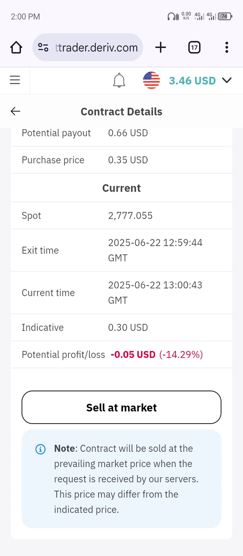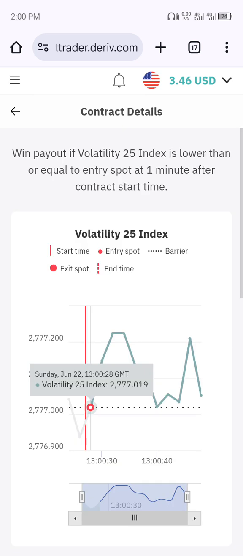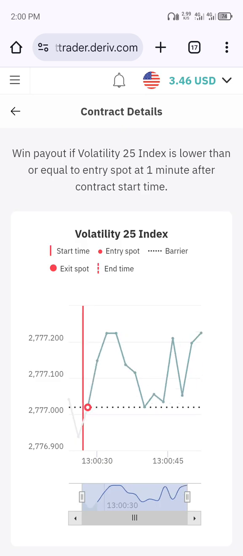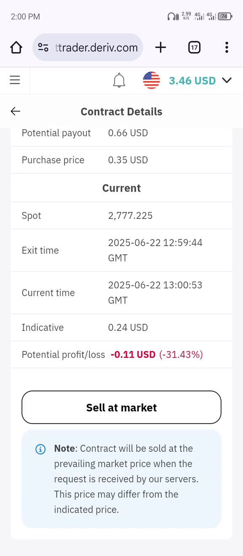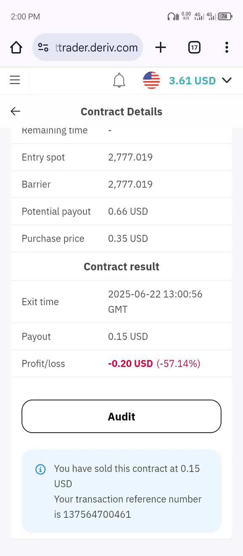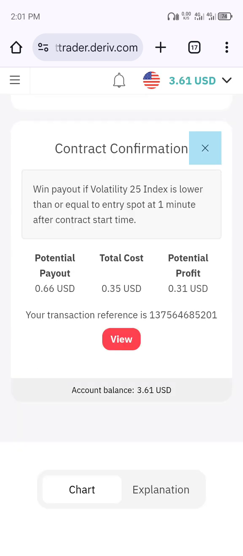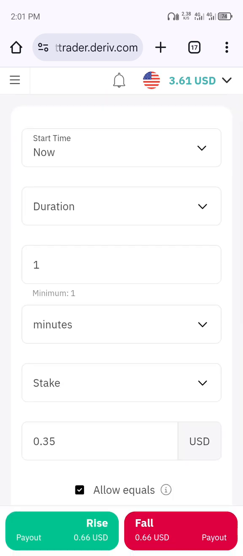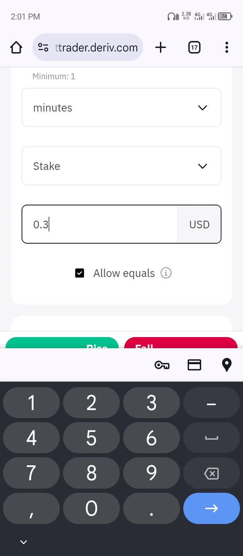When it's red, that means it's going against us. When it's green, that means it's entering in our favor. You see the entry spot is being outlined by this barrier line. I sell at market because I just saw 20 cents, which is above the 15 cents stop loss. I move to the next stage, which is 70 cents.